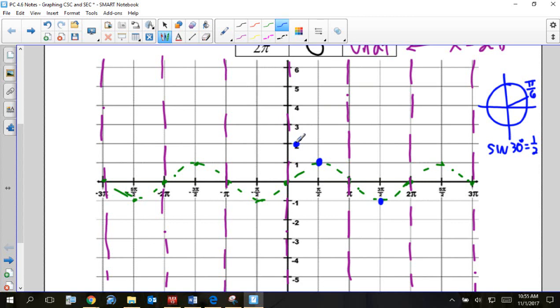But that's not the only place where sine is a half. Sine is also a half in this quadrant, at 5 pi over 6, which is almost to pi. At 5 pi over 6, sine's a half, so cosecant is 2. And then in the third quadrant, at 7 pi over 6, which is just past pi, what's sine?